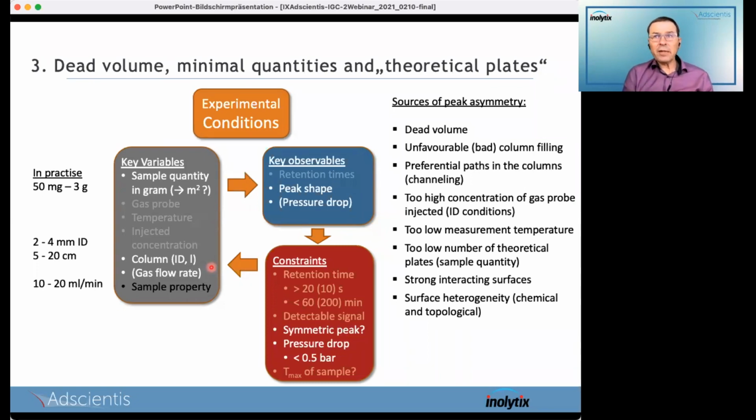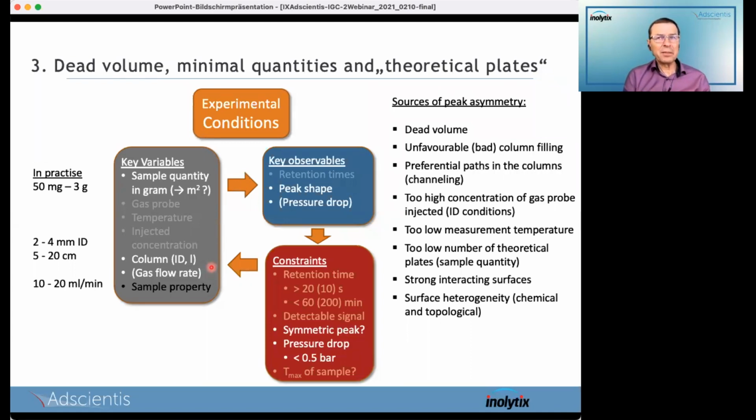High concentration of gas, we have already touched on this one. Low measurement temperature, yes, if you have a low measurement temperature, maybe also close to the vapor pressure of the probe, then the desorption and adsorption processes are not as homogeneous as we would like for a good IGC signal. Now we come to the low number of theoretical plates.